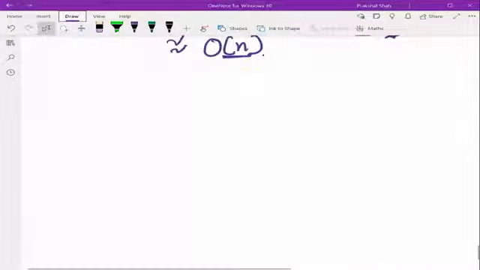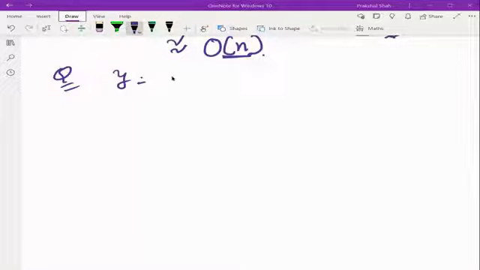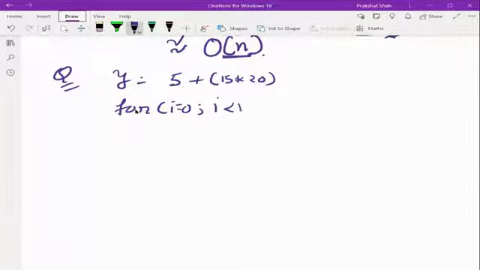Okay, great. So now my question to you: suppose I have y equals 5 plus 15 into 20, and I have for i equals 0, i should be less than n, and i plus plus, and here I'm just printing my i.